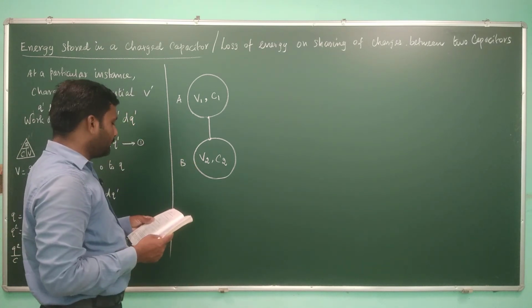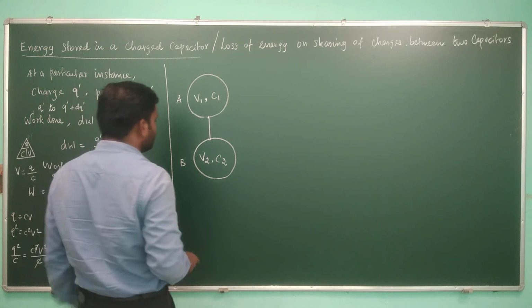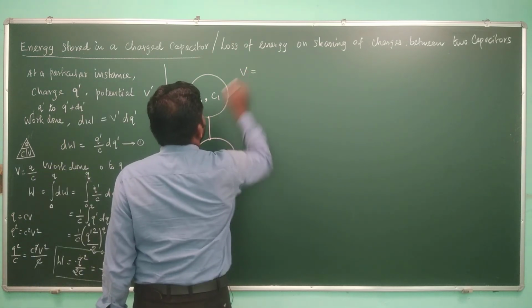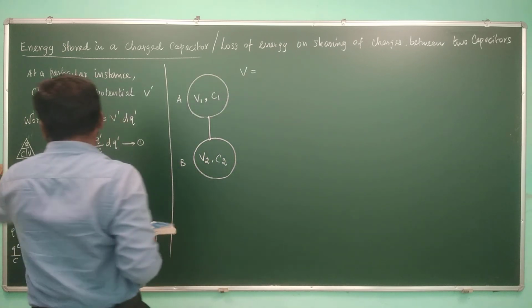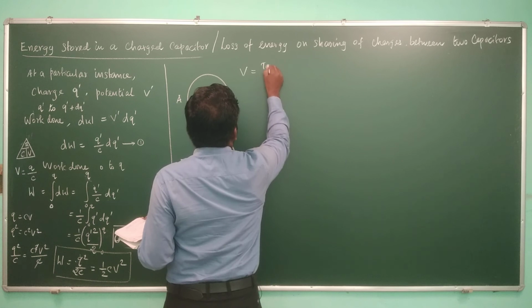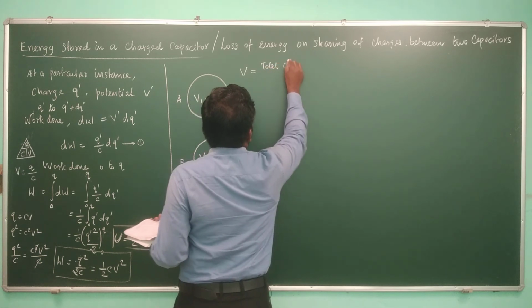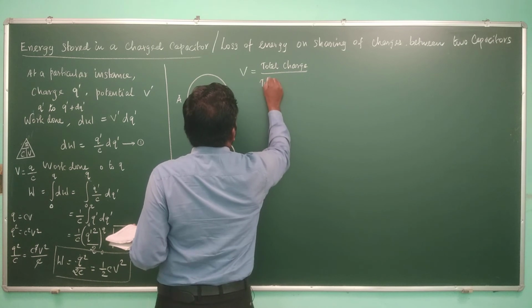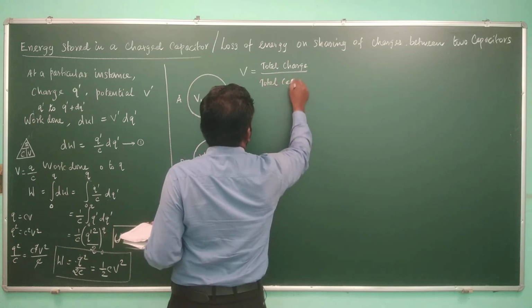Now after joining this, what is the potential? Potential becomes V equal to Q by C, that is total charge divided by total capacitance.